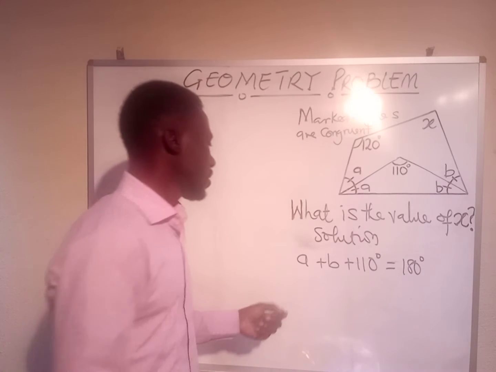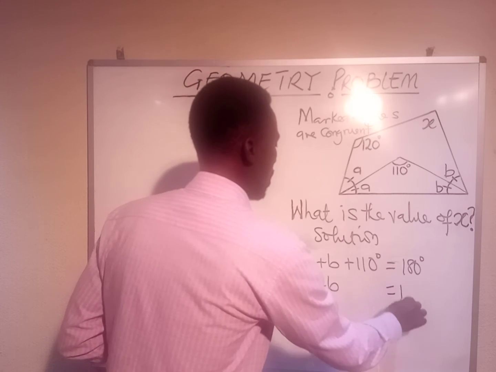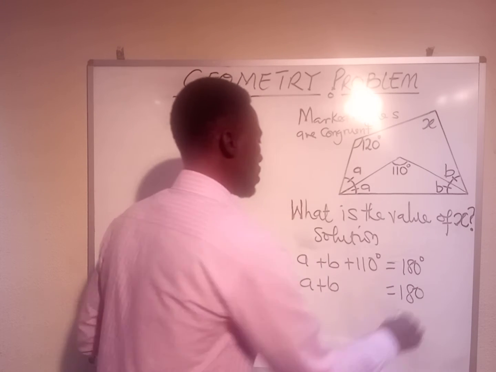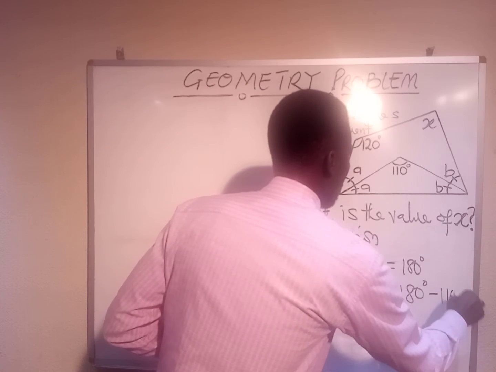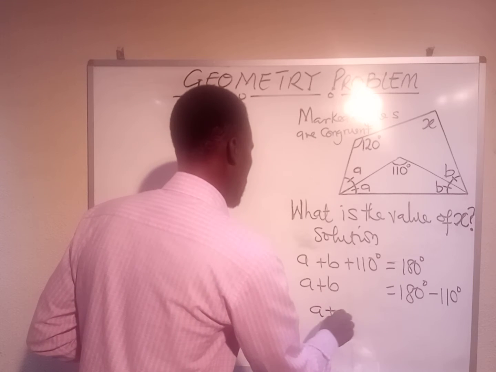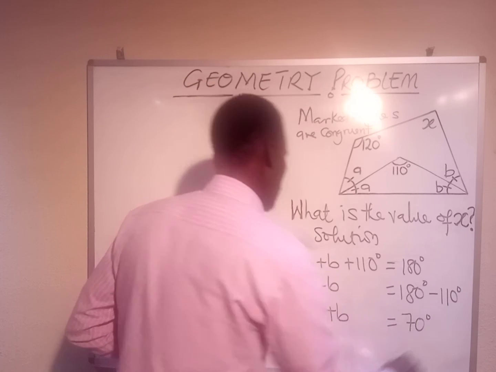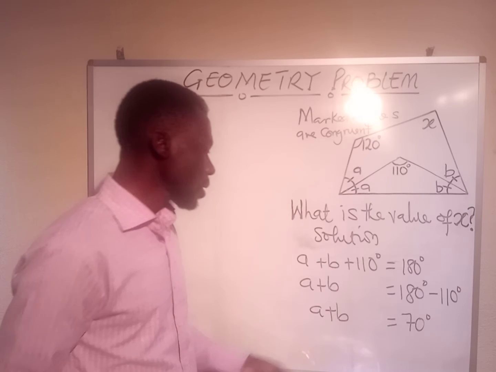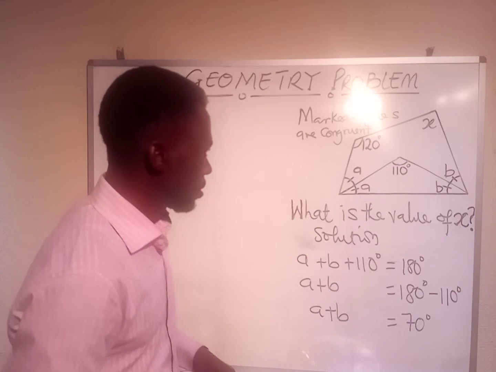All right. So it follows that we have A plus B equal to 180 degrees when we subtract 110 degrees from both sides, and then we are left with 70 degrees. So A plus B is equal to 70 degrees.